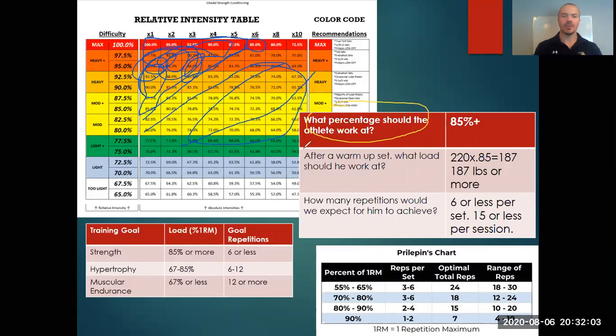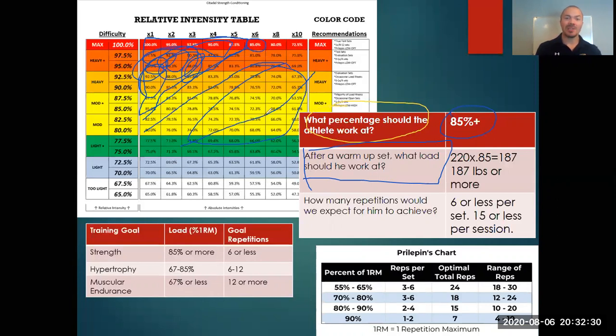Okay, let's look at your next question here. After a warm-up set, what load should he work at? And I'm sorry, ladies, this applies to our he's and our hers. So after a warm-up set, what load should he or she work at? Well, we always want to warm up, especially for training at 85%. That's fairly heavy.